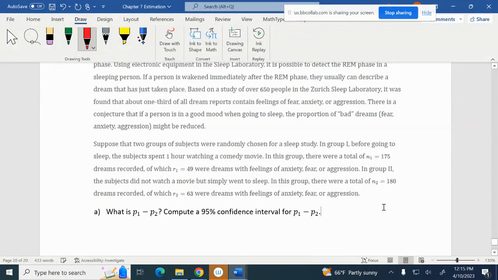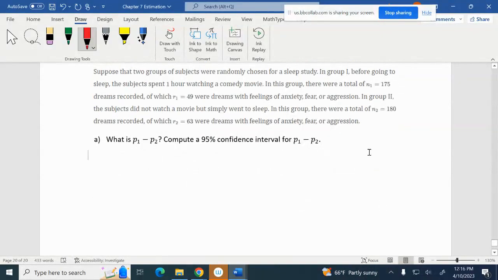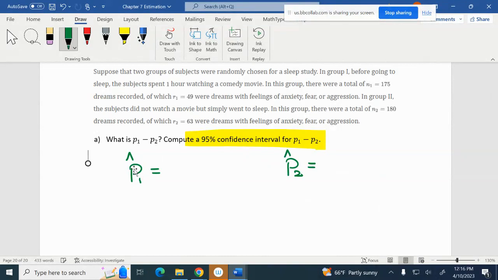I need a 95% confidence interval for the proportion difference. So let me take P1 hat, and the other one P2 hat. The first one must be 49 out of 175, and the other one must be 63 out of 180.